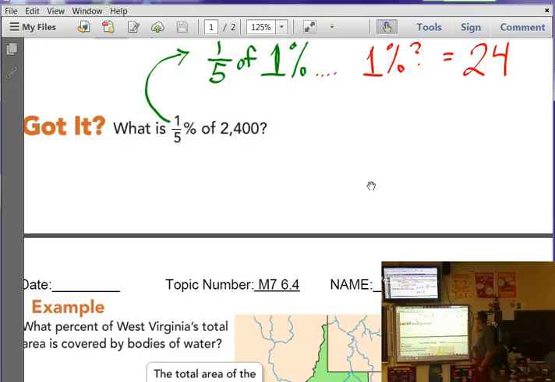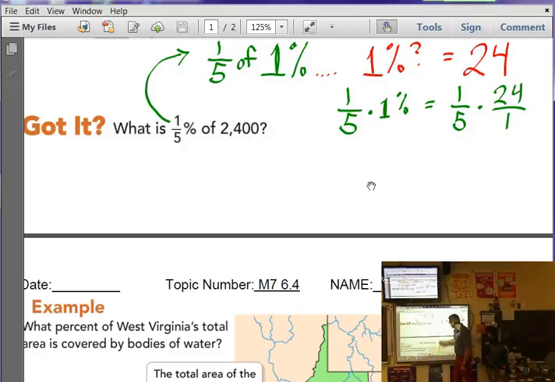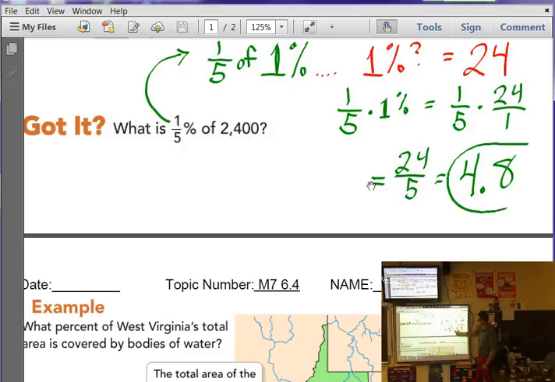So, if that's 1%, I can then say what's 1/5 of 1%. And to do that, I just do 1/5 of my 24. So what I really get is that 1/5 of 1% comes out to be 24 over 5, or 4.8 when I convert all the way.